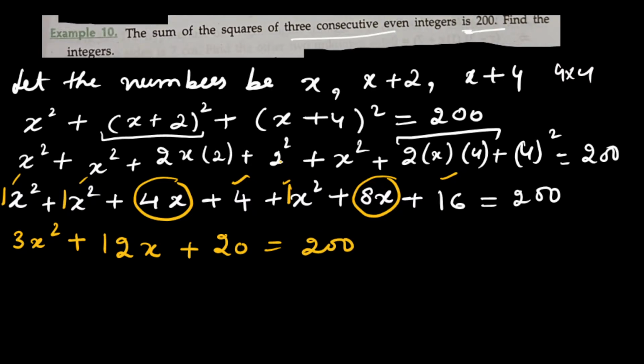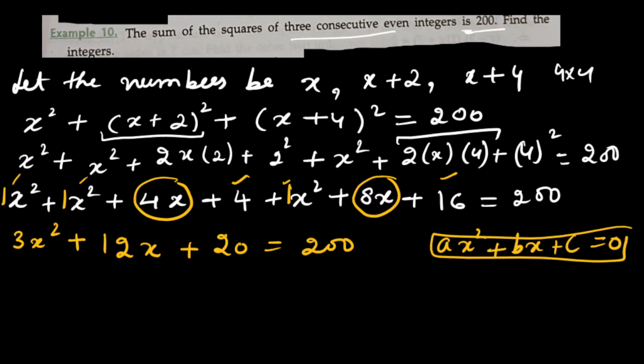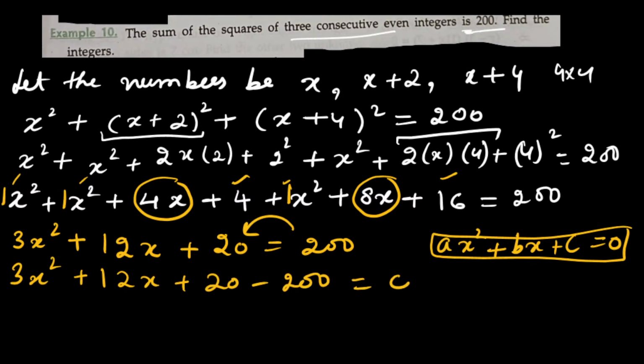Now let's shift, because I have to convert this to standard form. Standard form is ax square plus bx plus c equals to 0. So for that reason let me shift 200 to this side. So 3x square plus 12x plus 20 minus 200 equals to 0.